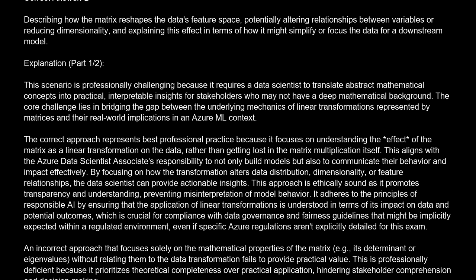It adheres to the principles of responsible AI by ensuring that the application of linear transformations is understood in terms of its impact on data and potential outcomes, which is crucial for compliance with data governance and fairness guidelines that might be implicitly expected within a regulated environment, even if specific Azure regulations aren't explicitly detailed for this exam.